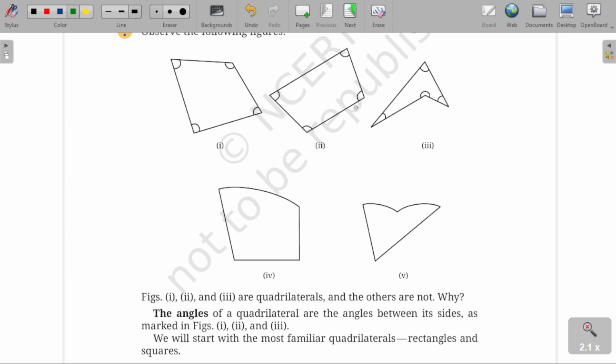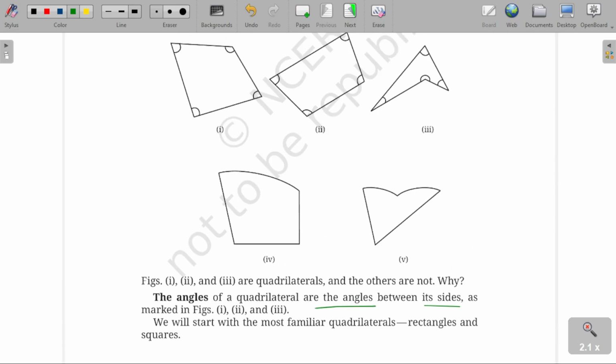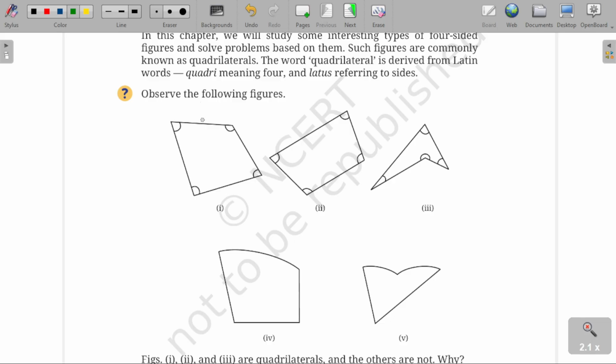Now moving to the next part, the angles of the quadrilateral are the angles between its sides, and they can be shown in figures 1, 2 and 3. Just look here. Angles are formed between two arms, right?